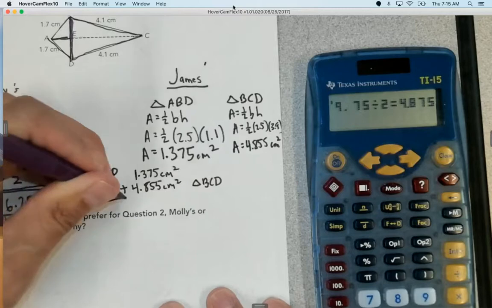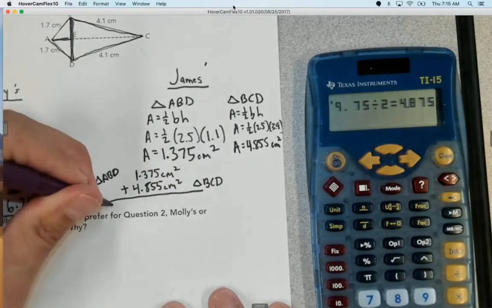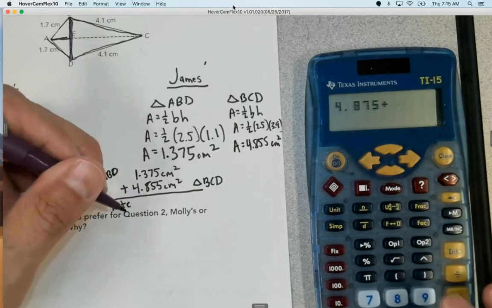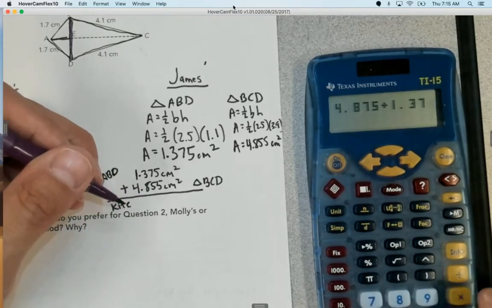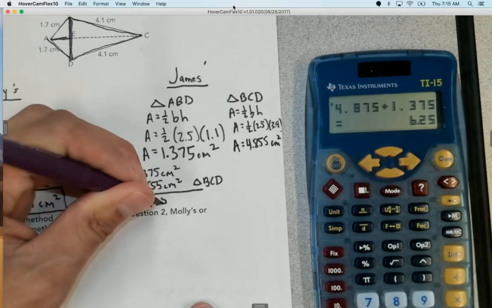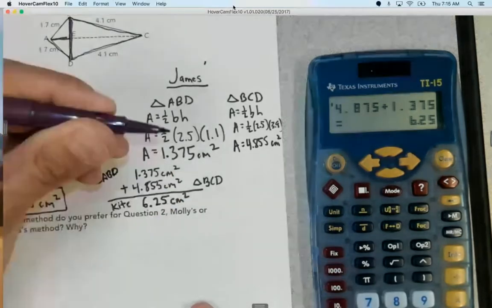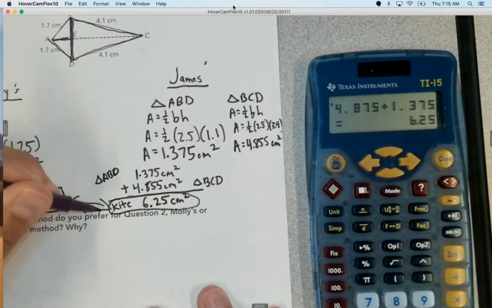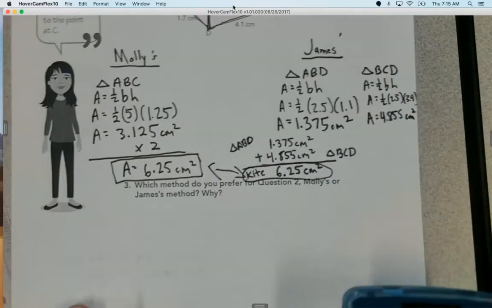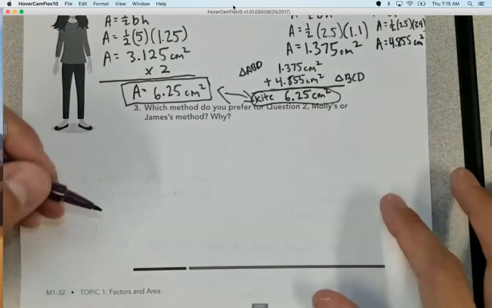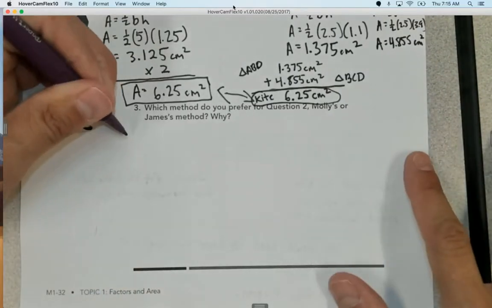When I get them together, I get the whole kite area, and that is going to be 6.25 centimeters squared. And I do get the same, so that's telling me that I am probably correct on that. All right, whew. Which method do you prefer for question 2, Molly's or James's?